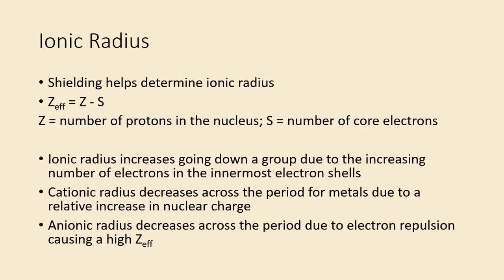Our anionic radius is going to decrease across the period due to electron repulsion, causing a high Z effective. In other words, I'm going to have so many electrons that they're going to force themselves away from each other, which is going to allow my protons to essentially have a more effective attack on each individual electron for anionic radius. So we see the same trend, but for different reasons in my metals versus my non-metals.